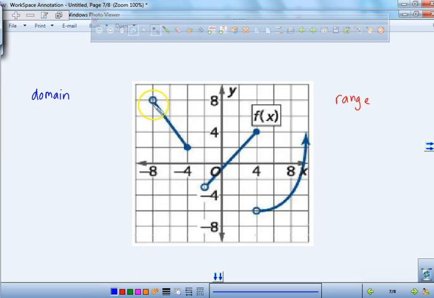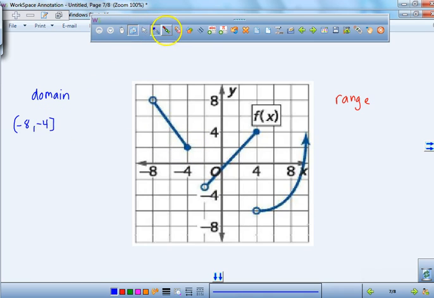What is my x value from here to here? It looks like I'm going from -8 to -4. Because we're not including that, this is an open circle. So if that's an open circle, it's going to be a soft bracket. If it's including it, it's going to be a hard one.